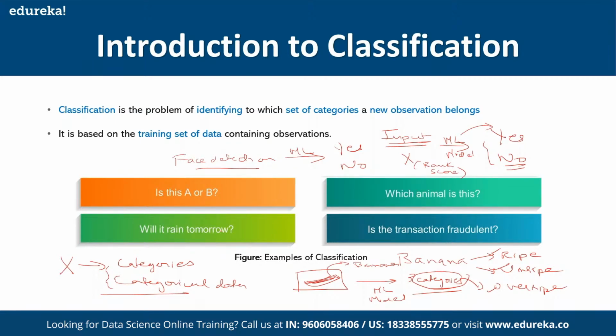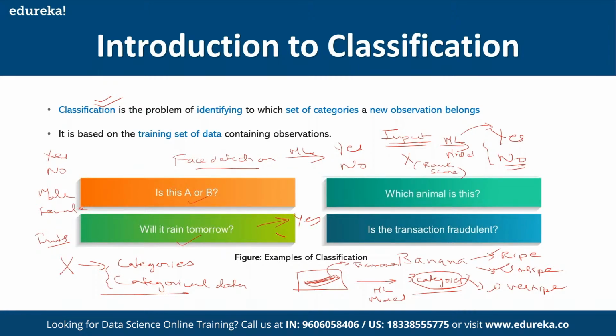So basically when your input is to be divided into yes or no, or say male, female, or into different buckets of fruits, etc., then we will say that it's a classification problem. Like, is this A or B? Will it rain tomorrow?